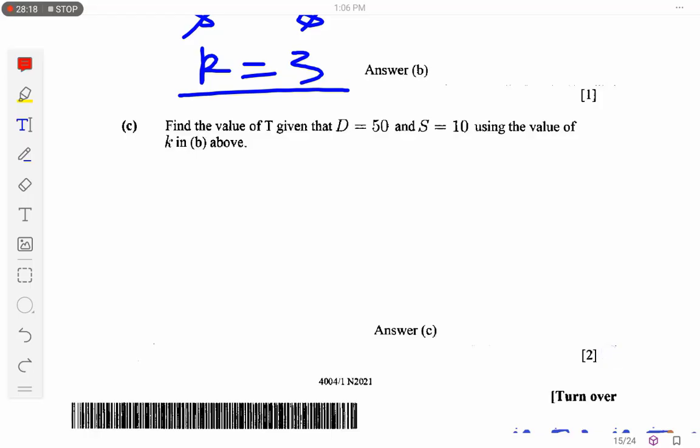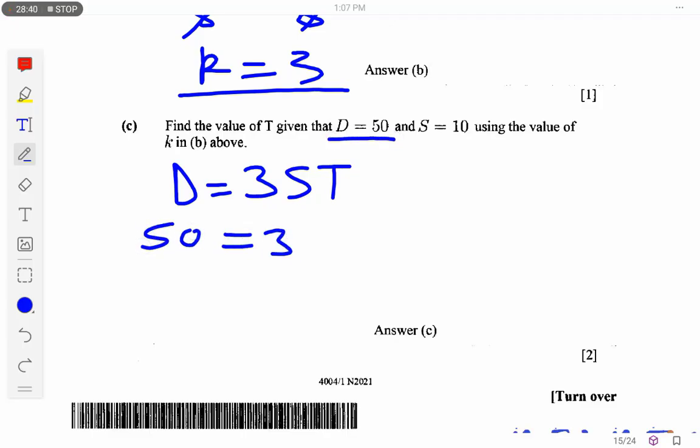Okay, now we are asked another question. Find the value of T. So for you to find the value of T, you have to write the relationship or a law or a formula that connects D, S, and T, and also includes our K. So we said our D is equal to 3ST. Okay, then we now substitute. Our D is 50. So that's 50 is equals to 3 times our S, that's a 10, our T, we are looking for that.